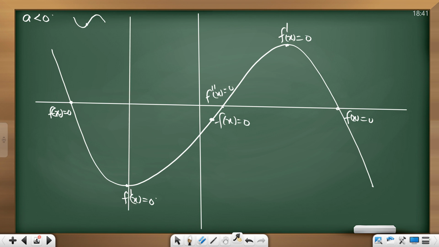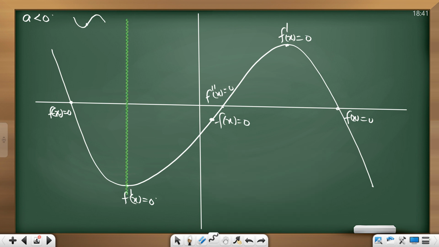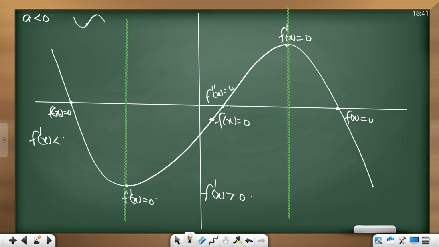Happening here, between this point, f prime of x is greater than 0. Here, f prime of x is less than this. It becomes a bit easy. Lovely.